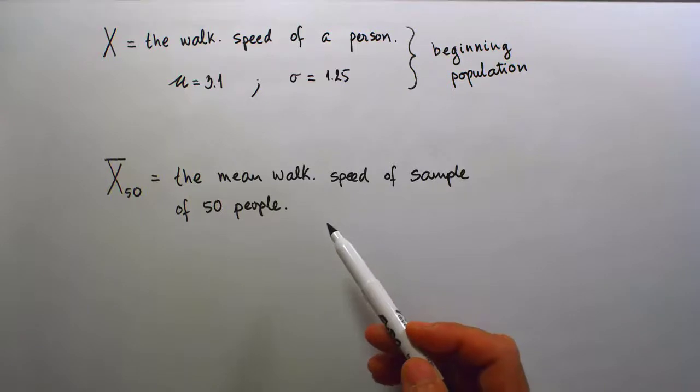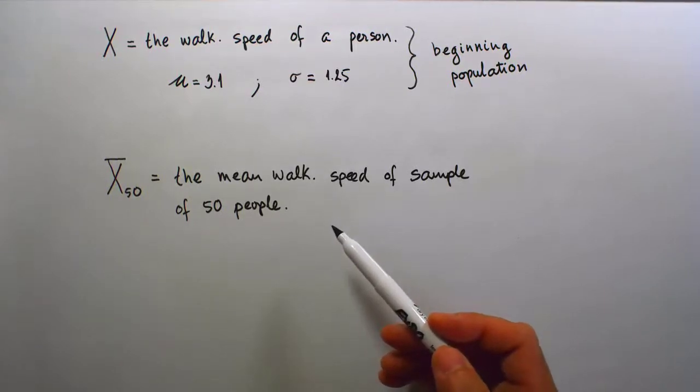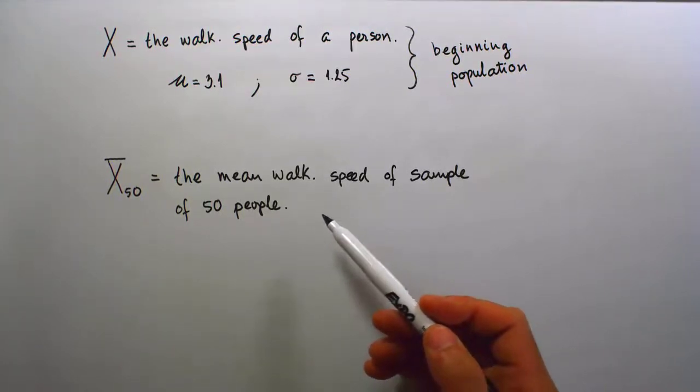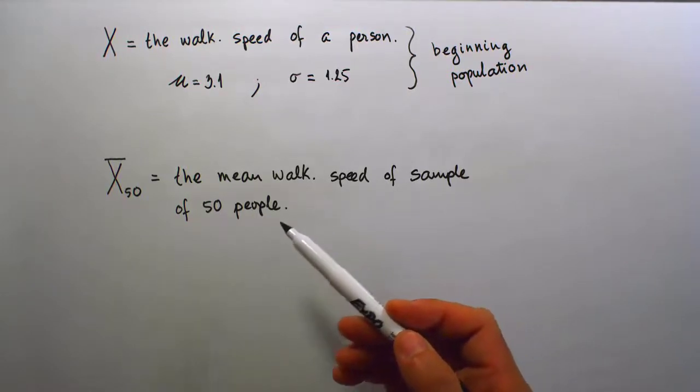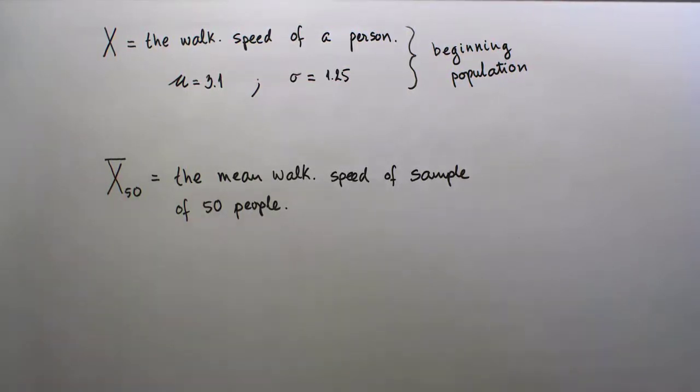Our sample mean in particular is one member in the whole family that we call the sampling distribution of the mean. Once we identify our beginning population and pick any sample, we realize that our sample will have a mean which belongs to a sampling distribution of the mean. So now we have two separate populations of values.